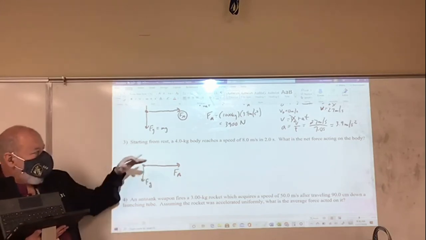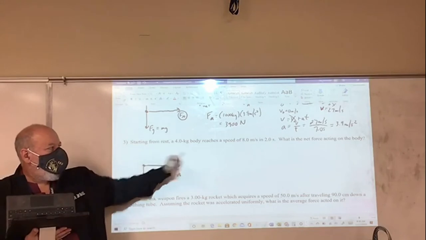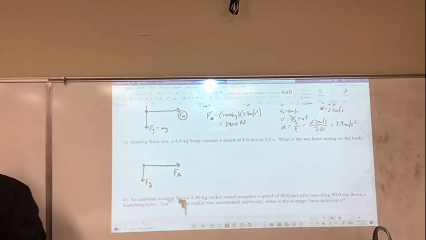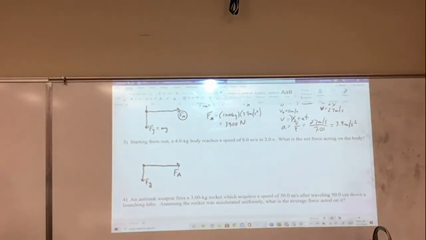But if it's a flying object, and let's just speculate a minute, let's say it is a flying object, and it's not accelerating up or down. What kind of force would you speculate is needed to balance the force due to gravity to keep it from accelerating downward?